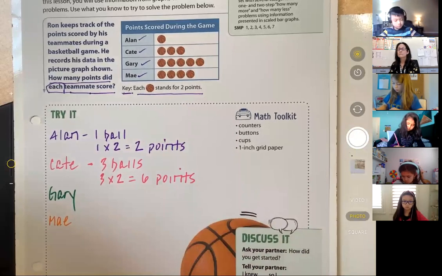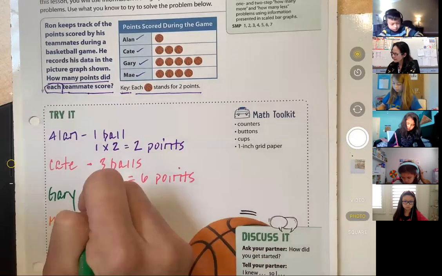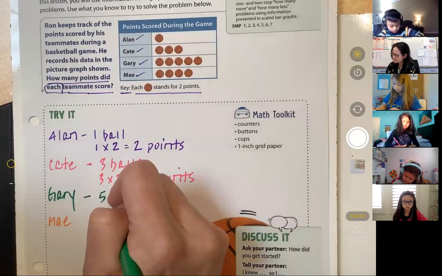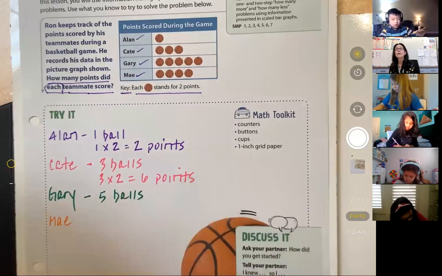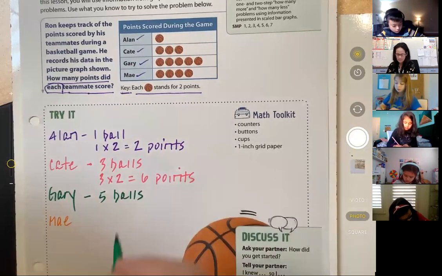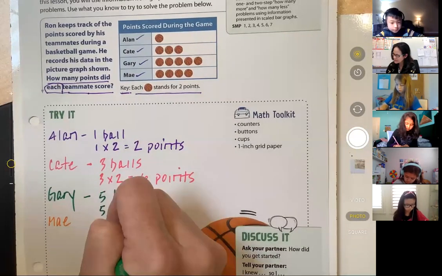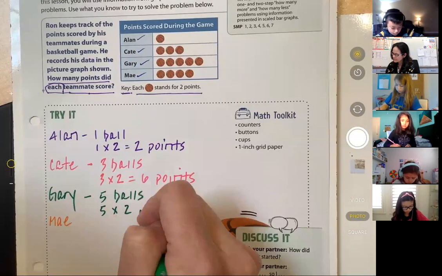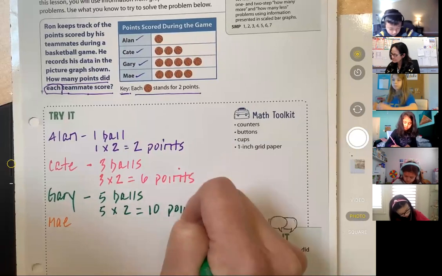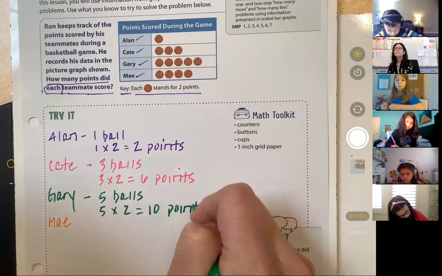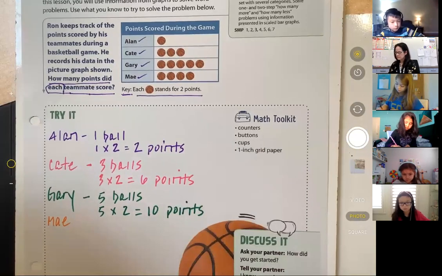Gary has 5 balls. How many points did Gary score? Well, we have these 5 balls times 2 points. That's 10 points. Great, almost done.